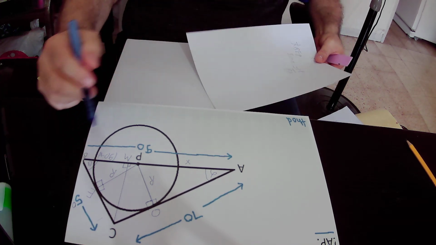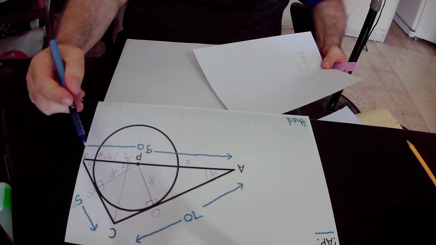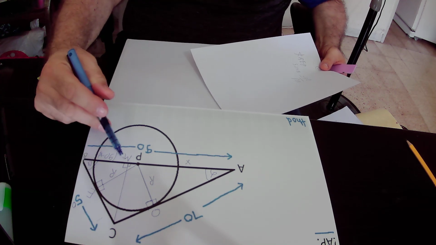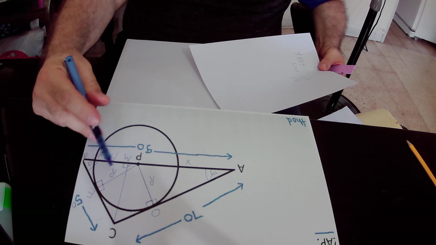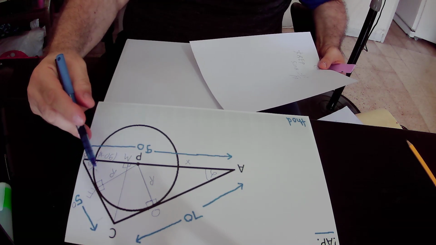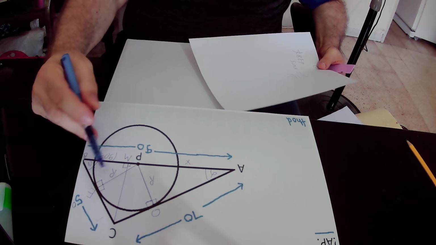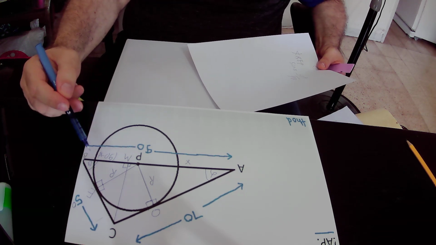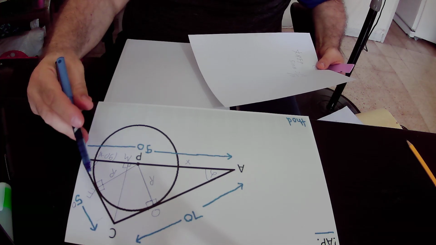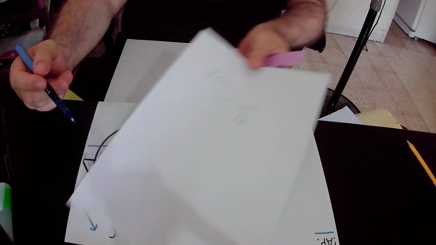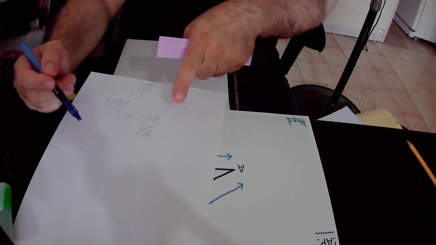You see that angle PEB equals 90 degrees. For that reason, triangle BEP is a right triangle, and sinus beta equals PE over PB.